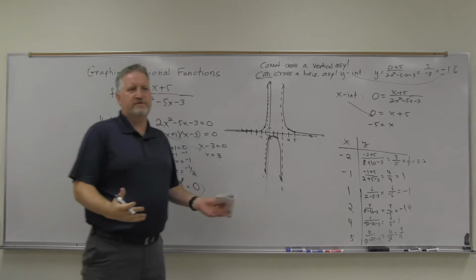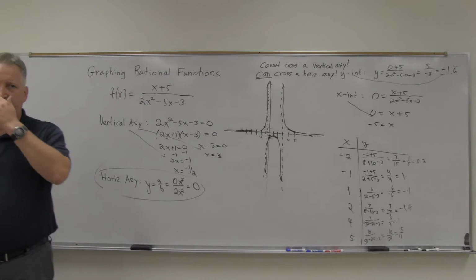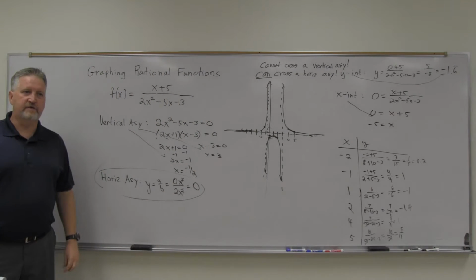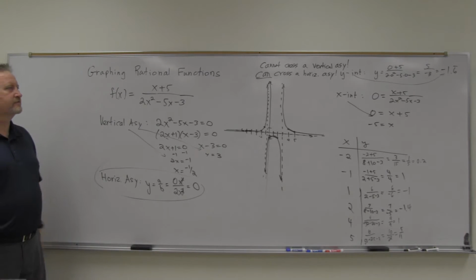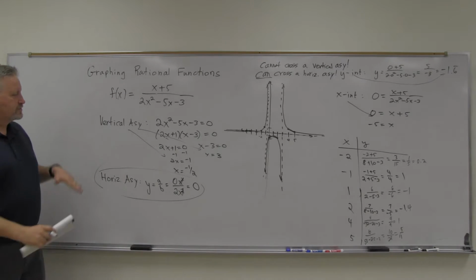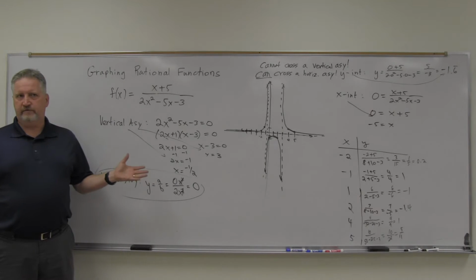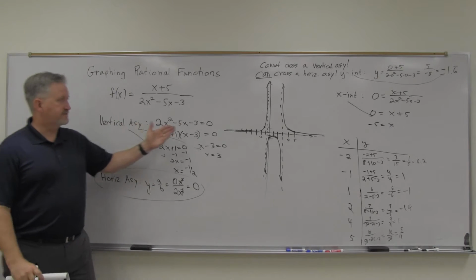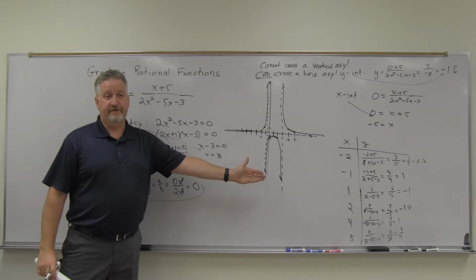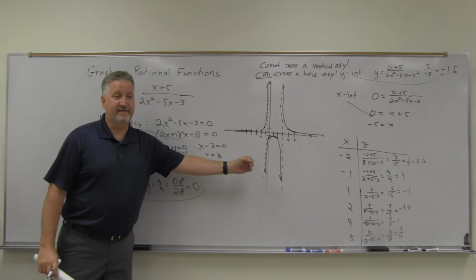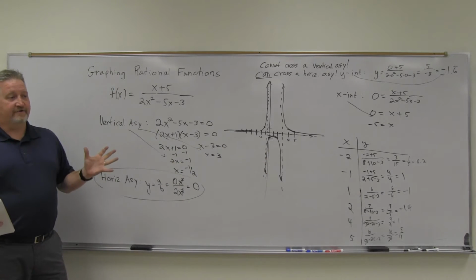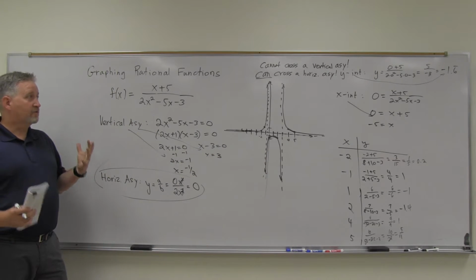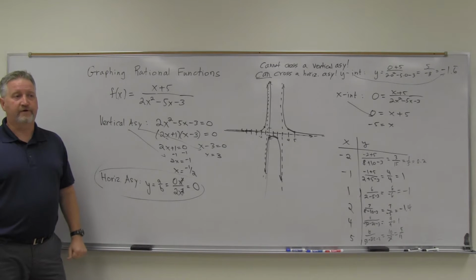So if you cross a horizontal asymptote, don't sweat it, because you can do that. Those can intersect those. Horizontal asymptotes are just about the end behavior. Vertical asymptotes are where the function doesn't exist. It's undefined. So that's why you can't cross those. Horizontal asymptotes, though, that's okay to cross those.